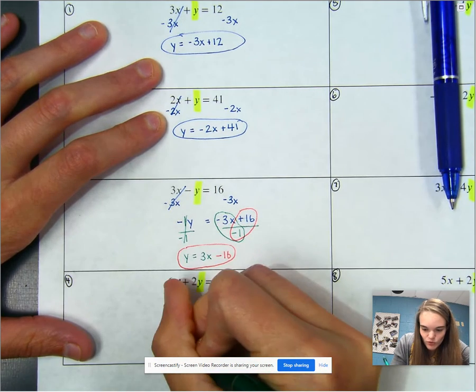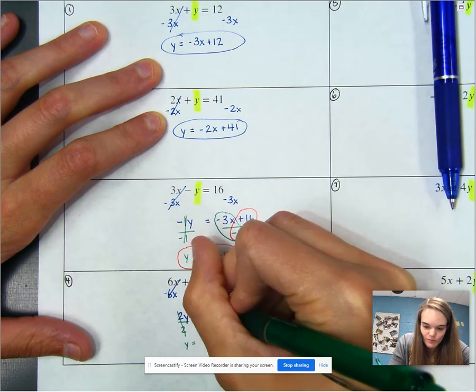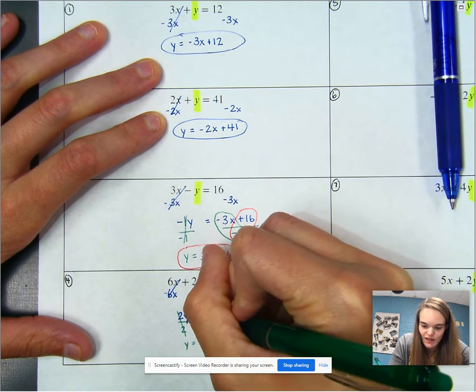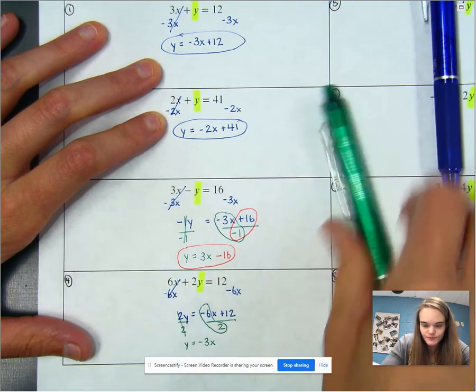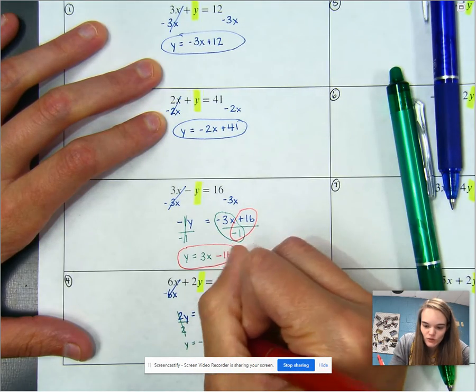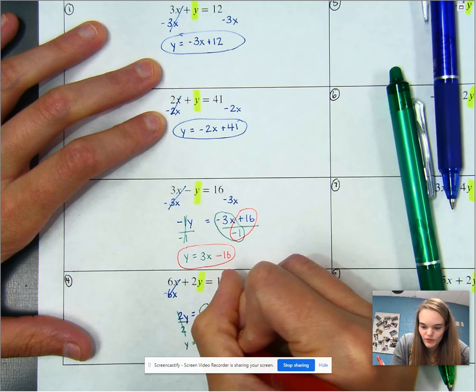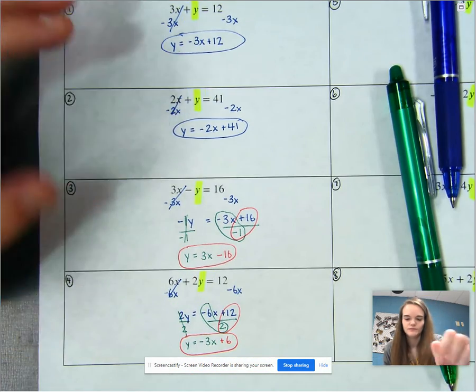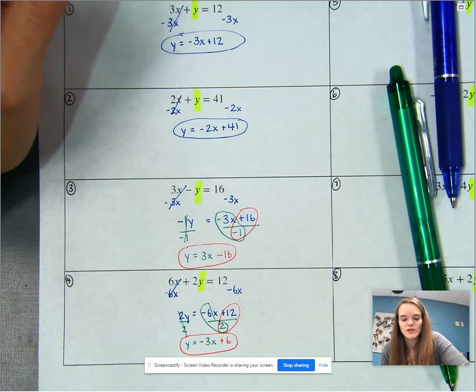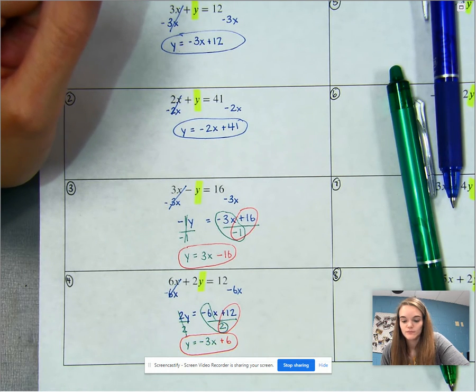Remember I said we have to do more than just one piece. I've got to actually simplify. Negative 6 divided by 2, negative 3x. 12 divided by 2, plus 6. y equals negative 3x plus 6.